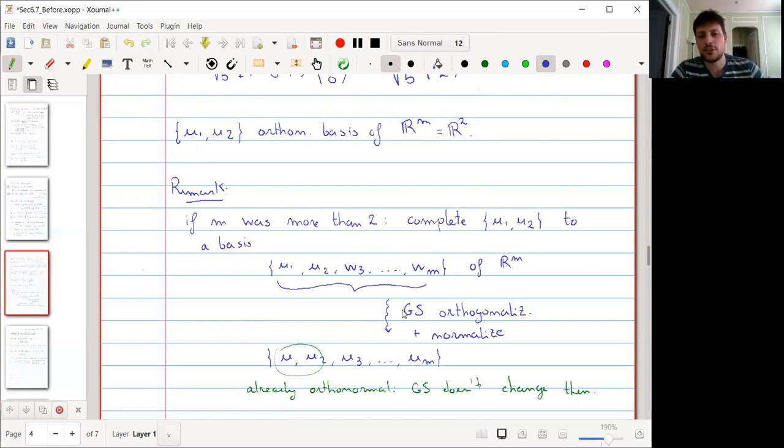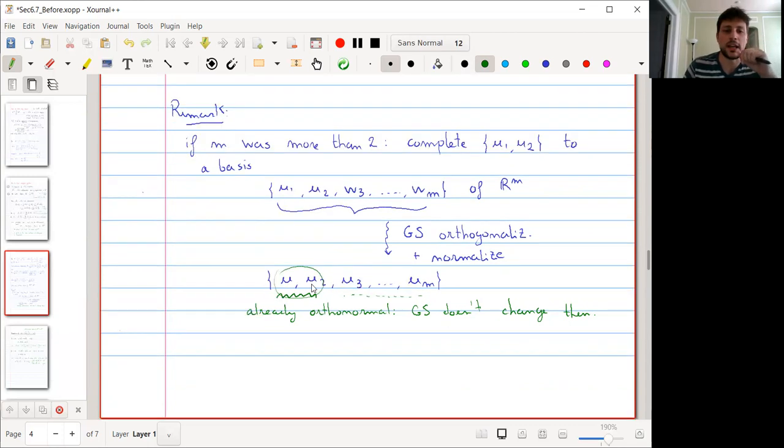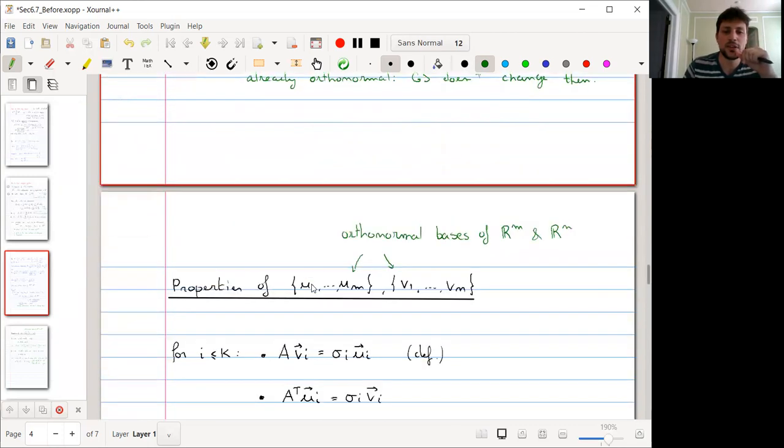These two processes will not touch u1 and u2, because those are already unit vectors, and they're already orthogonal to one another. So when you do Gram-Schmidt and normalization, this first part of your basis will not change, and the rest will be made orthonormal instead. So the outcome will be exactly an orthonormal basis for Rm.